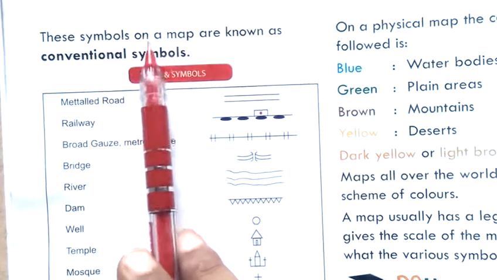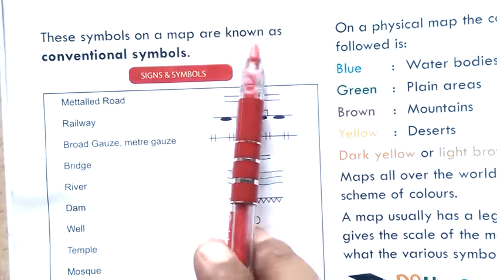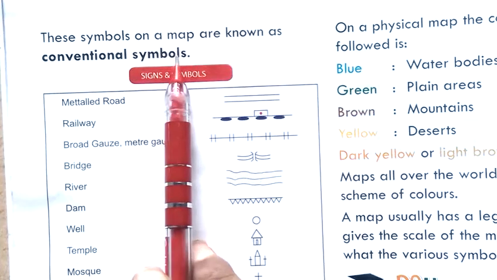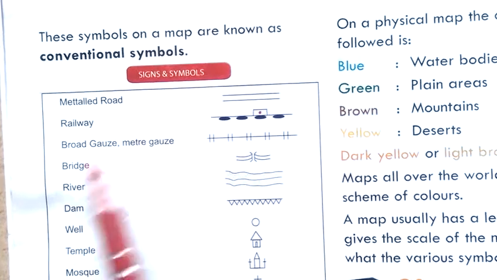These symbols on a map are known as conventional symbols, signs and symbols.